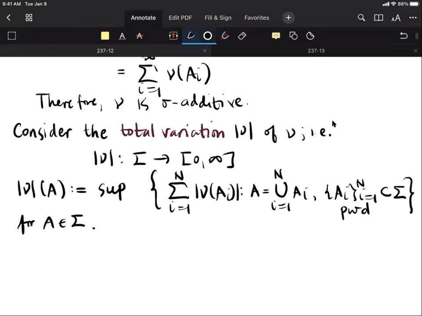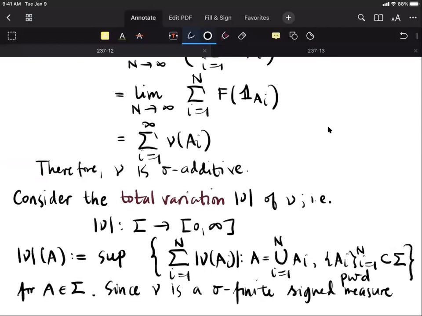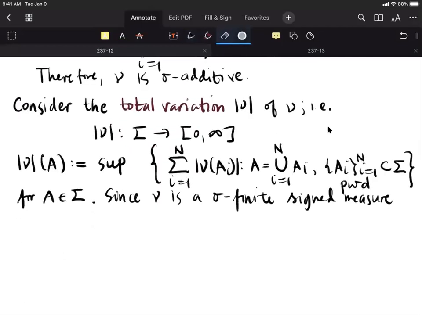And with this, it can be shown that this is sigma finite, since the sigma finiteness follows from the finiteness of mu.